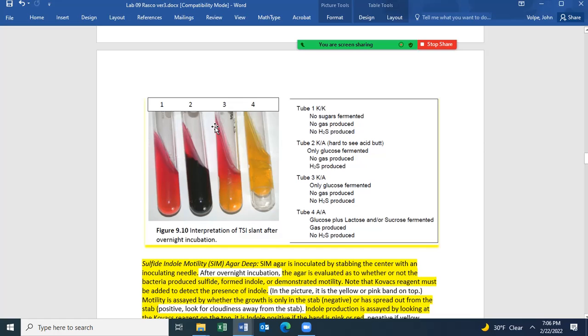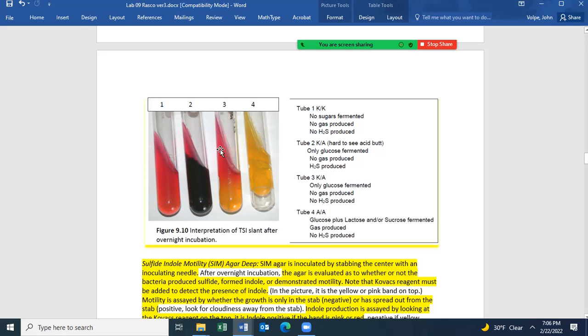But on the slant, the bacteria can grow rapidly, and the glucose is initially fermented. So initially, if you're looking at this tube after a few hours, this would be yellow. But as the glucose is all used up, the bacteria will start fermenting protein and then releasing ammonia from the amine group of the protein.